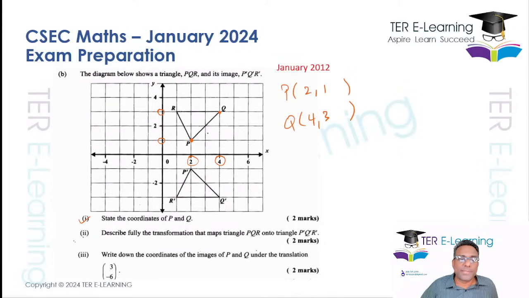Next part, part 2. Describe the transformation that maps triangle PQR onto P prime, Q prime, R prime. What's the answer for that? What kind of transformation are you talking about here?